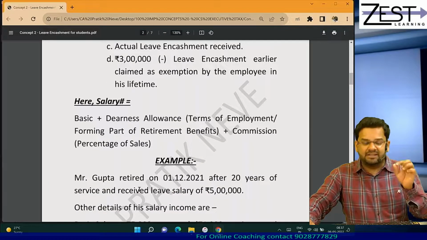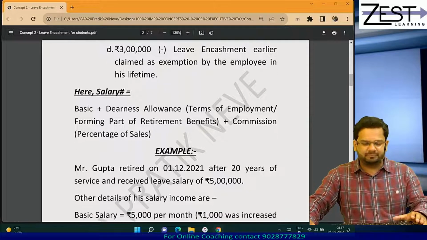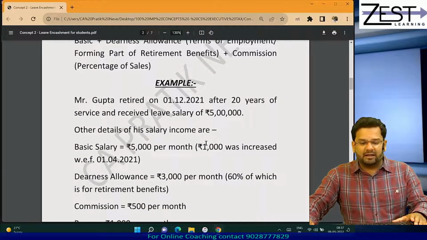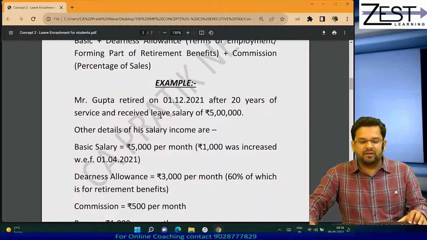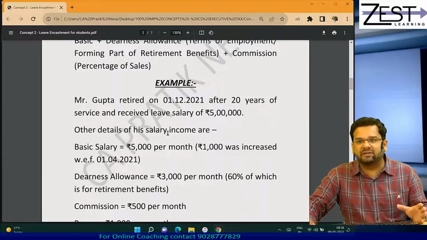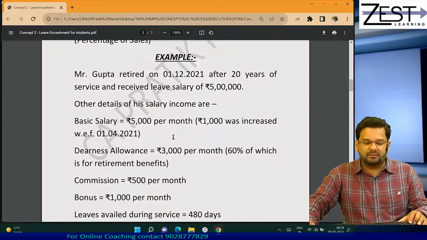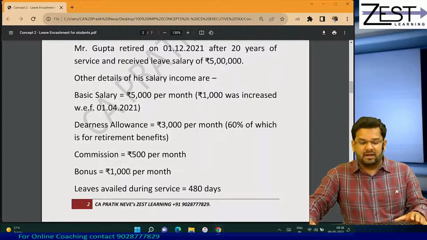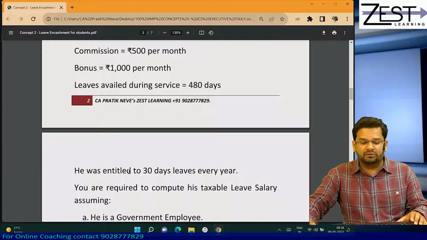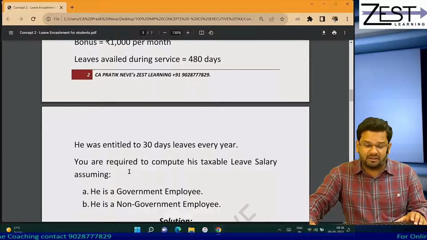Now see this example and everything will get clear. Mr. Gupta retired on 1st December 21 after 20 years of service and received leave salary of 5 lakhs. Other details of his salary income are: basic salary, DA, commission, bonus, and finally leaves availed during the year, and he was entitled to 30 days leave every year.